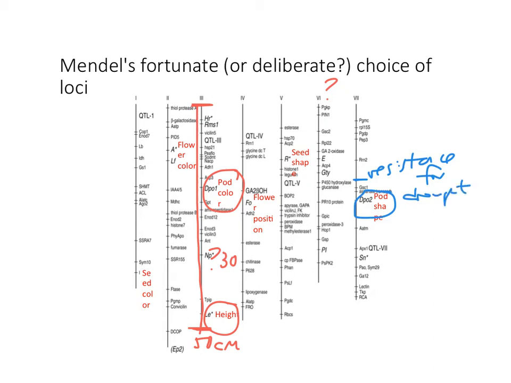The gene that controls how well the plant grows in wet weather versus dry weather. So let's say he made crosses of plants that were resistant to drought and not. He could water them, they were fine, or he could not water them and they were fine. And he never saw those traits being separated. So he never saw a 9 to 3 to 3 to 1 ratio. Maybe he just said, you know what, that doesn't make sense. I'm just not going to record it in my lab notebook. So the argument is maybe he selectively reported his data.